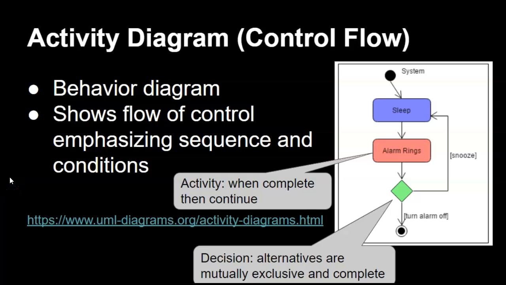Here's a simple activity diagram. These can be at different levels, from high-level concepts down to basically code. Control flow diagrams have been around a long time. When it was incorporated into the UML, they added some things and called it an activity diagram.